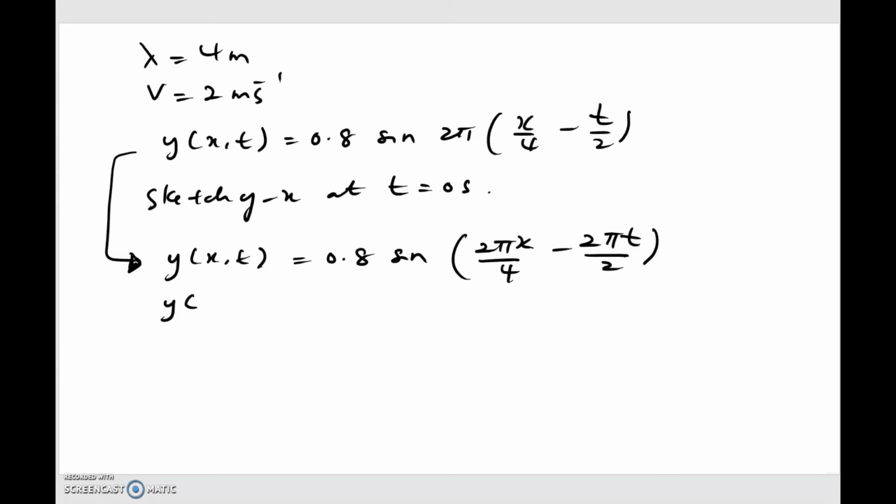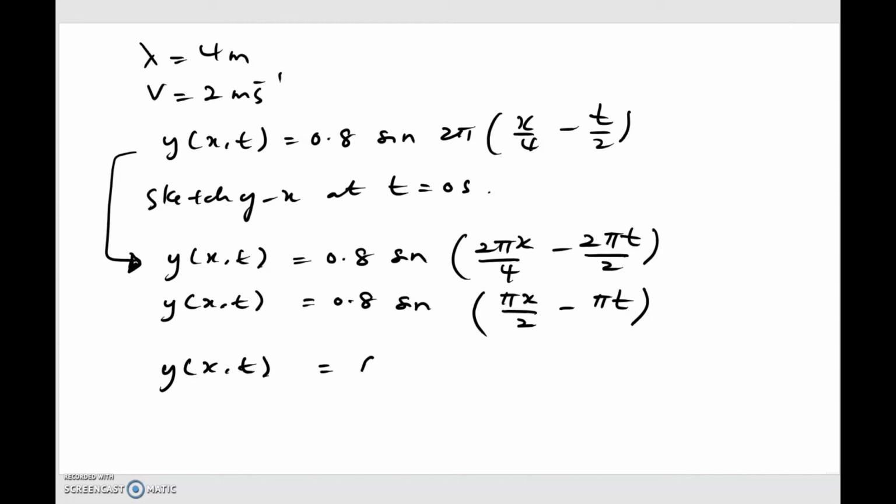So then you have y(x,t) equal to 0.8 sine(pi x over 2 minus pi t). And then you compare with the progressive wave equation, where we have a sine(kx minus omega t).